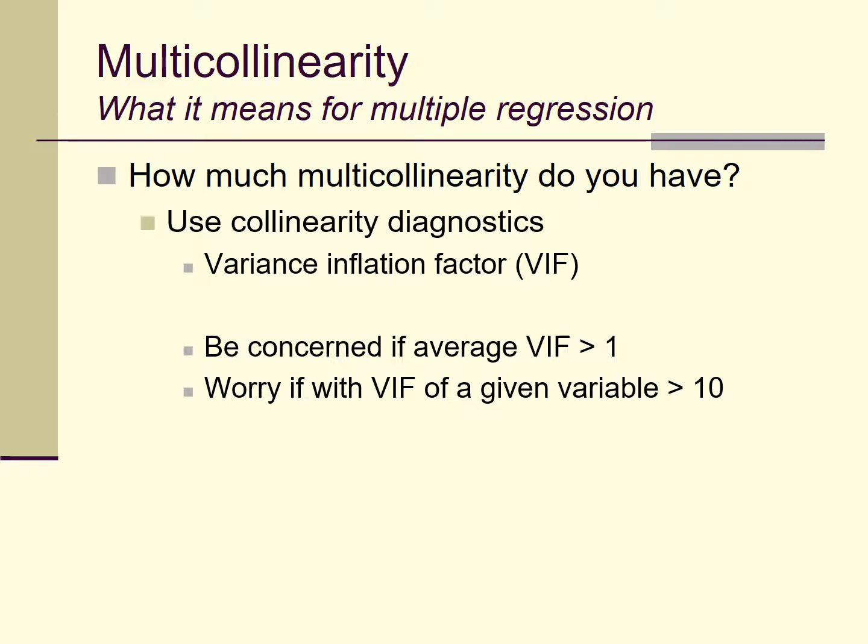Variance inflation factor is just a calculation which tries to express how multicollinear groups of predictor variables are, and by convention we should be concerned if the average variance inflation factor, we get a score for each predictor variable we have, and if the average of all those VIFs is greater than 1. And we should also worry if the VIF for any given variable is greater than 10, like if it's just really big. That's suggesting a problem with multicollinearity.